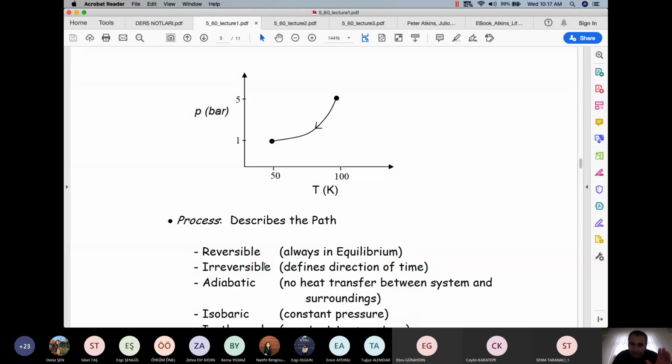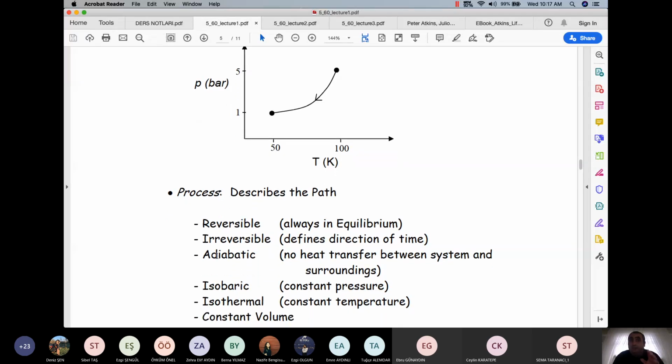If it is reversible, the system is always in equilibrium with its surroundings, and at any instant you can reverse the process. You can come to the initial point without exerting any force on the system. But if it is irreversible, it goes only in one direction, and you have to apply some external force to bring the system back to the initial state.